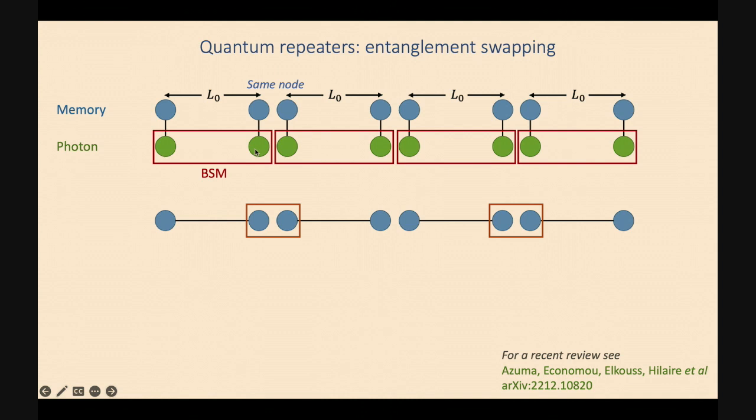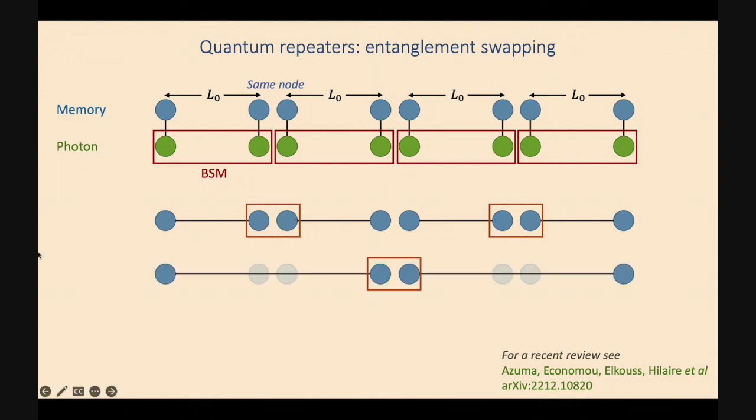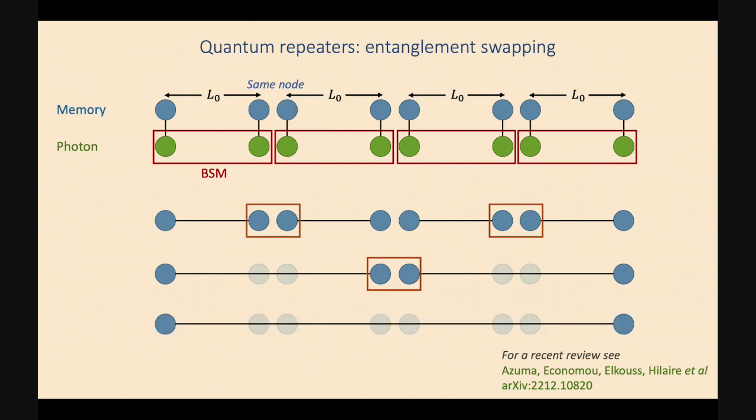So they should retain this information until all of them succeed, essentially. And at that point, you measure the ones that are in the same node, again in a Bell state. So you also swap that entanglement. And then you basically have swapped out all the entanglement in the middle places, and you create this long-distance Bell pair. Right?